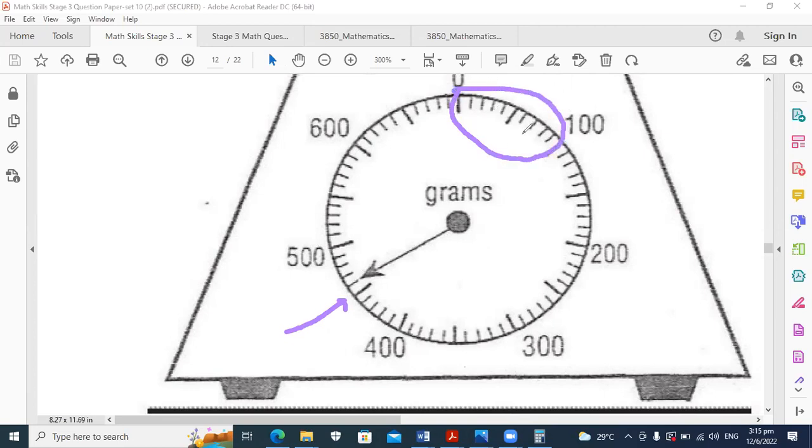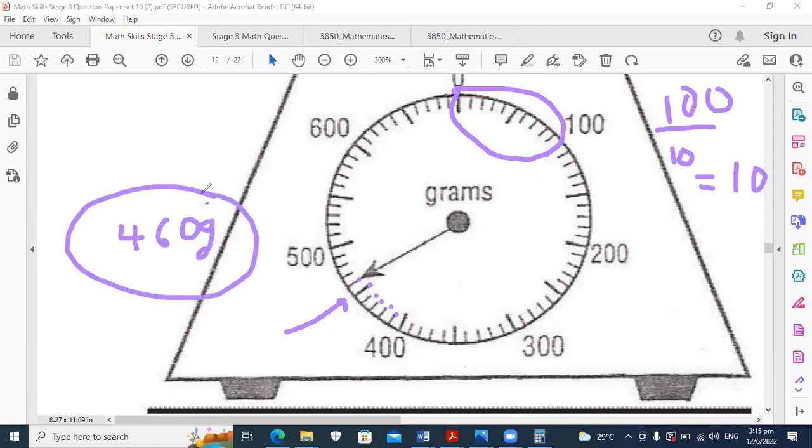How many sticks do we have? 10. And what is the unit from 0 to 100? 100. So if you divide that now, you get 10 units. So each little stick is 10. So this is 10, 20, 30, 40, 50, and then that's 60. So the answer is 460 grams.